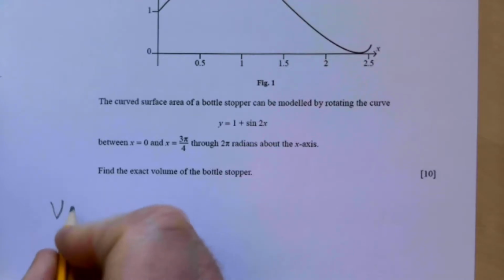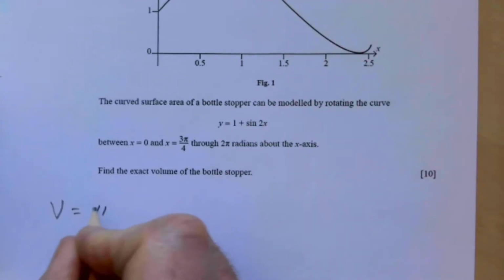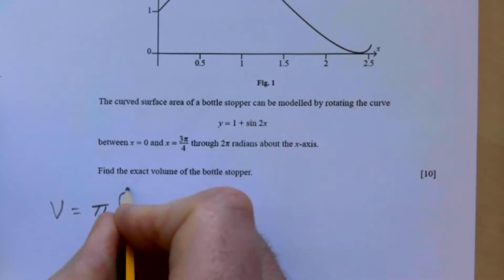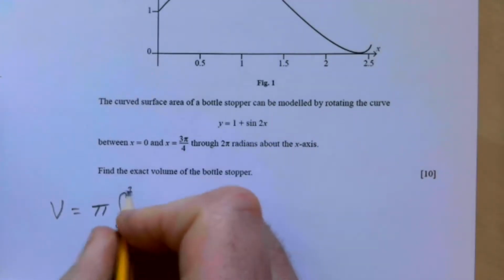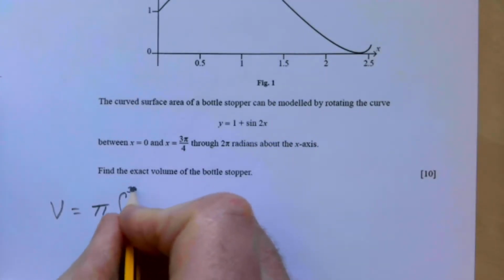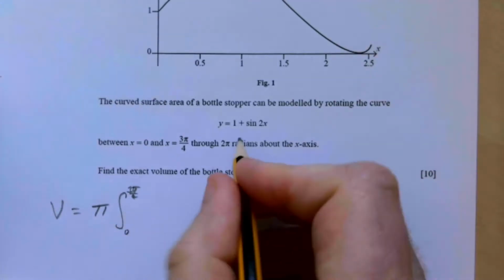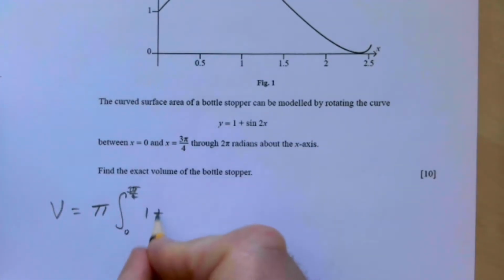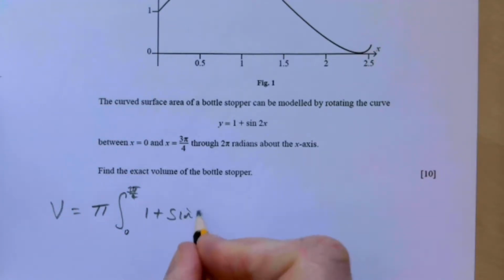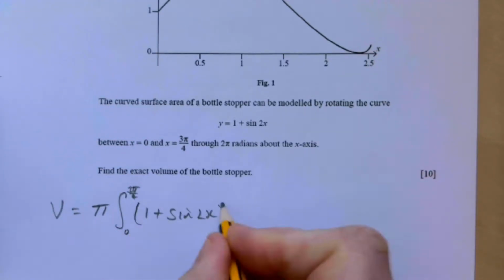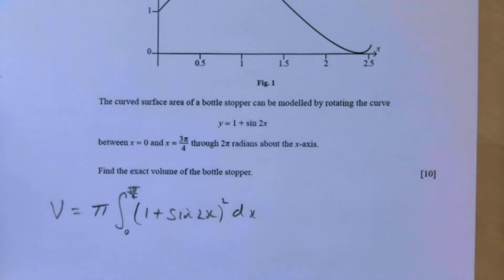So we know volume equals pi integral, and we're going between 3 pi over 4 and 0, and then it's going to be our y squared, so it's 1 plus sine 2x whole squared dx.